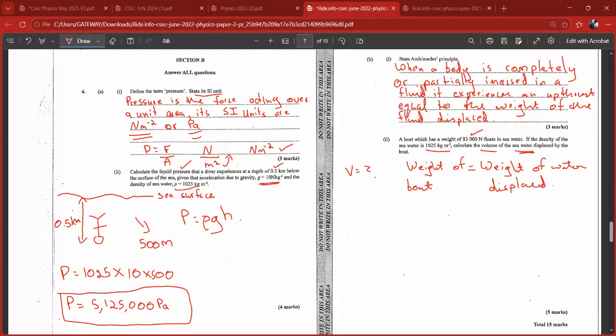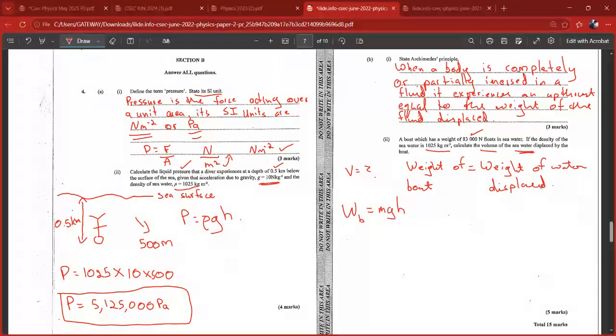So the weight of the boat, I'm putting WB for weight of the boat, that would be equal to mass by gravity by height, right?